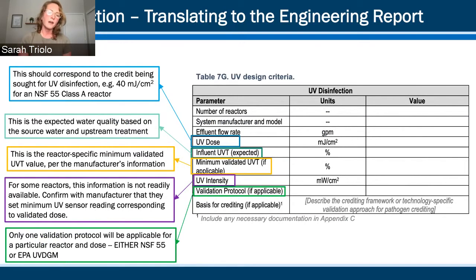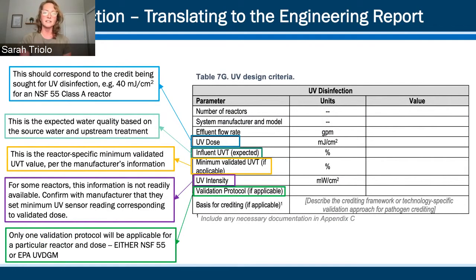And what we've seen as we've learned about the types of reactors in this space is that this information is not necessarily readily available in the manufacturer's information for all reactors. But for example, for NSF55 reactors, part of receiving that validation certificate is that they have to set that minimum UV intensity set point value in the reactor.